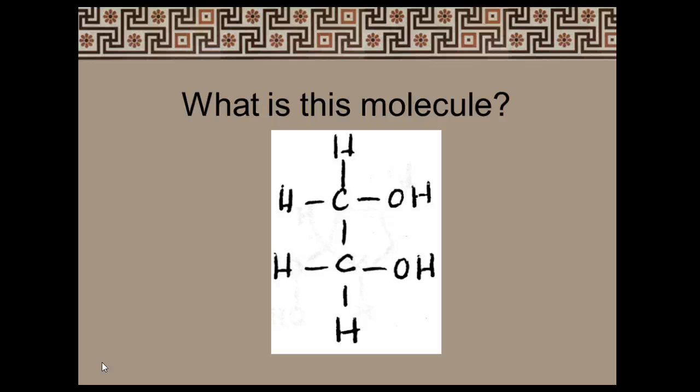Here we have, what is this molecule? We ask, is there phosphorus? There's not. So then we ask, is there nitrogen? There's not. So then we ask, is there a 2-to-1 ratio here? So we have to count. We see 1 hydrogen, 2, 3, 4, 5, 6 hydrogen, and 2 oxygen here.